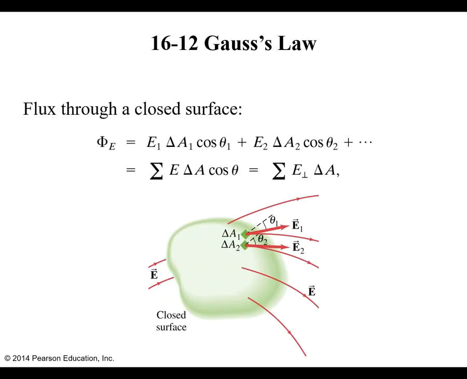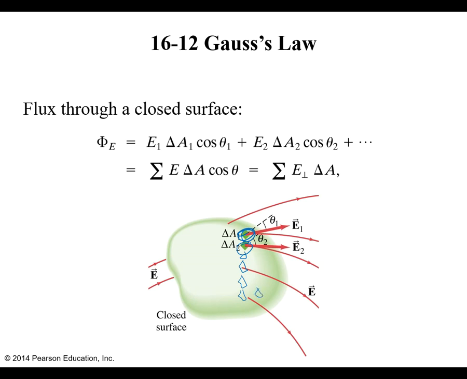Okay, with that in mind, we're ready to talk about Gauss's law. Let's say that you have an object and you have an electric field that is passing through it. We are interested in how much electric field passes through a certain given area. So we're going to take this surface and divide it into small areas. We're going to call them A1, A2, A3, A4, A5, and so on.